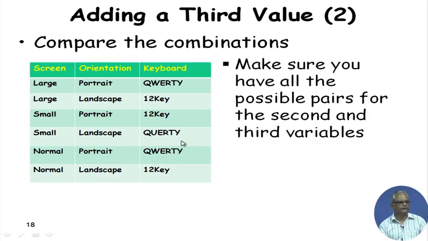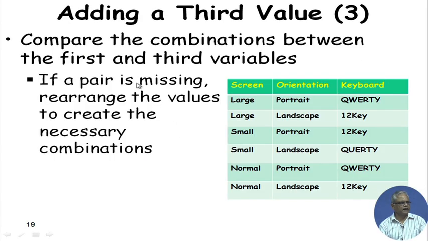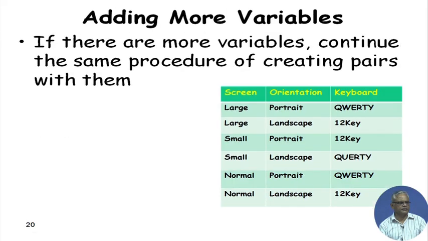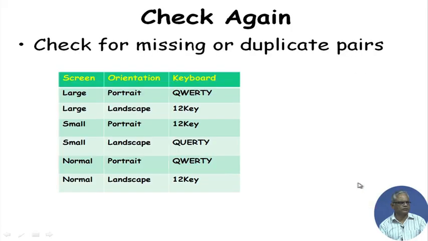So, we just write down the values here, and similarly we do for the other parameters. We find out if any specific combinations are missing, and try to add additional rows here. So, this is a manual way of generating test cases for all pairs testing. You can keep on adding pairs and checking whether all possible combinations exist or not.